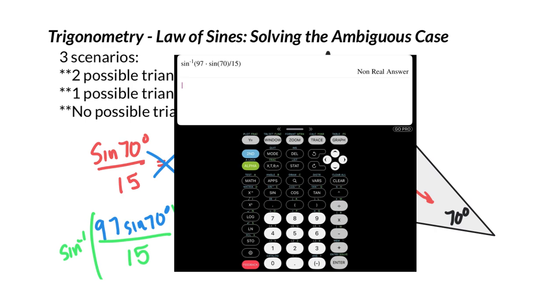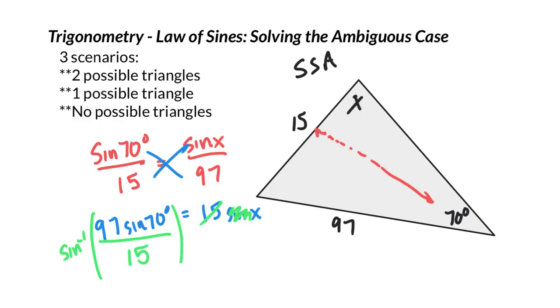And the reason is the thing I'm trying to evaluate, the 97 times the sine of 70 divided by 15, is larger than 1. I'm trying to find the inverse sine of something that's not actually in the domain of inverse sine. So here's what happened right there, the side lengths were such that this is an impossibility.